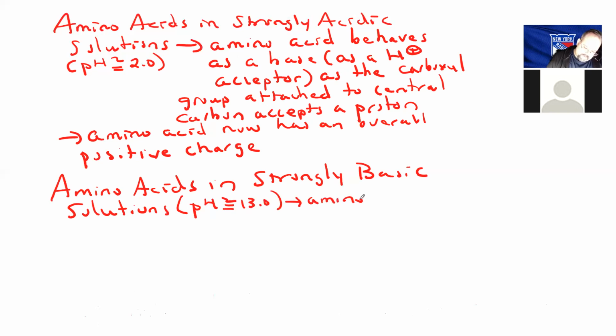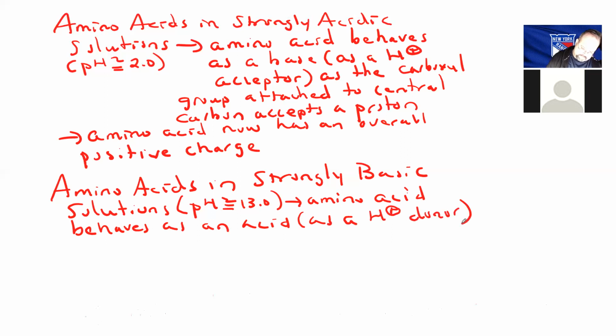Now here, the amino acid behaves as an acid because it's behaving as a proton donor. And again, that's sort of counterintuitive because we're in a strongly basic solution, but the amino acid is behaving as an acid.